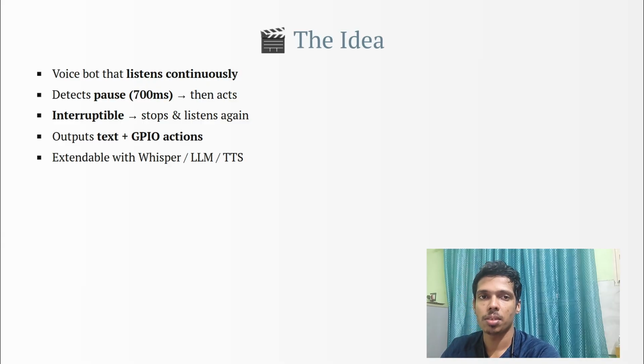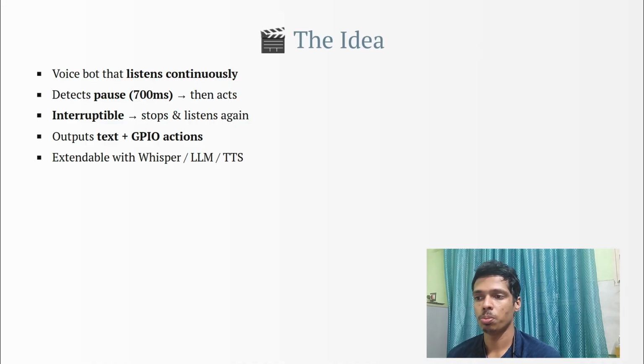Here we have just created some dummy action handlers, and this could be extended using Whisper as well as other LLMs, such that you give a command, and the LLM takes the required action based on the command that you give. So this is the basic outline of the particular application.